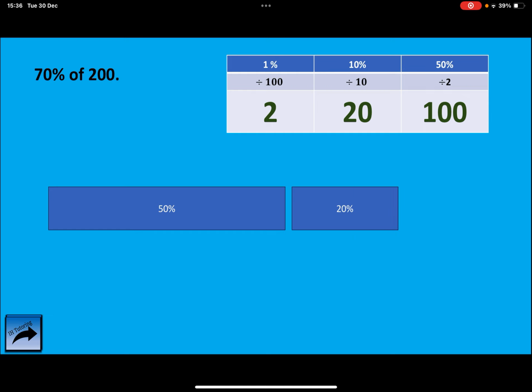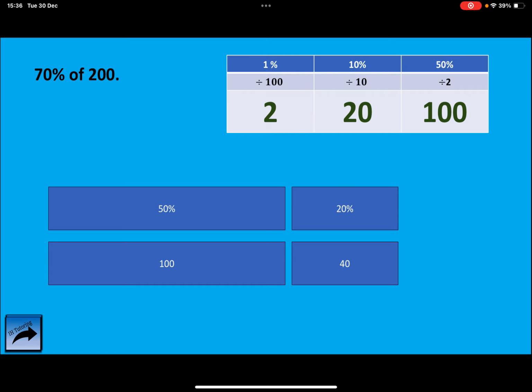Okay, so just to take another example, if we were to find 70% of 200, I've still got my table there with those important percentages on. Now, I'd probably break down 70% into 50% and 20%, so that's 2 lots of 10%. So let's have a look at how we can do that. So 50% we can see from our table is 100. 20%, we can see from our table that 10% is 20.